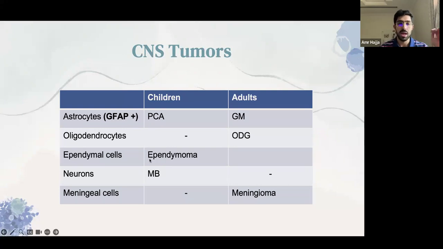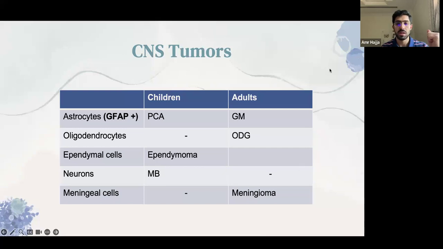Ependymal cells give ependymoma in children, and they are the cells lining the ventricles, so this gives us a hint about the location. From neurons, most importantly we have medulloblastoma, and from the meningeal cells, meningioma.